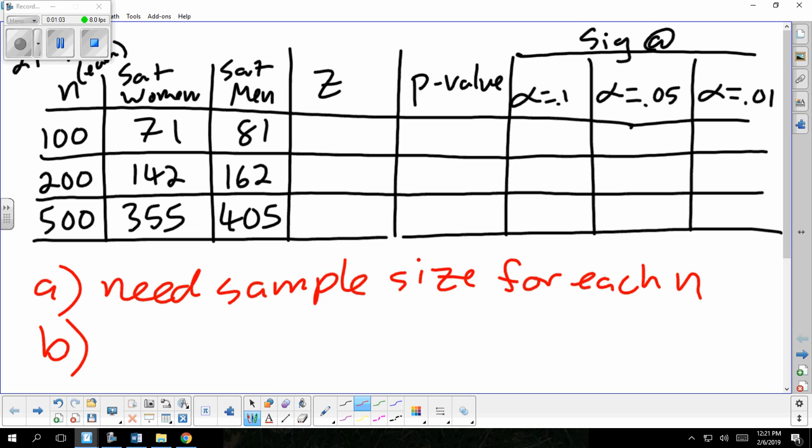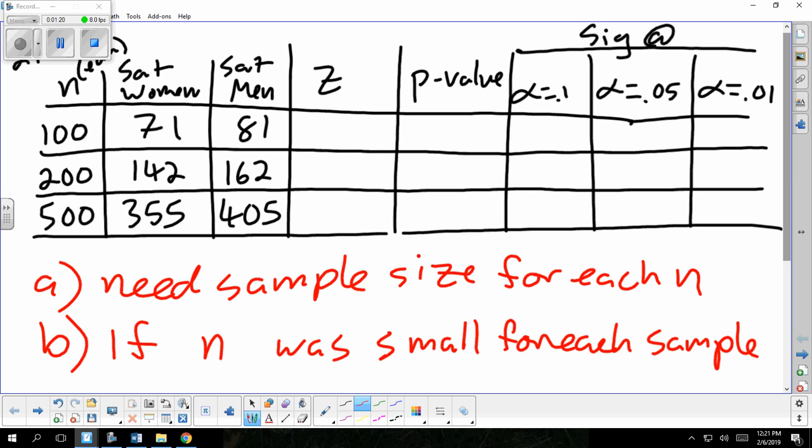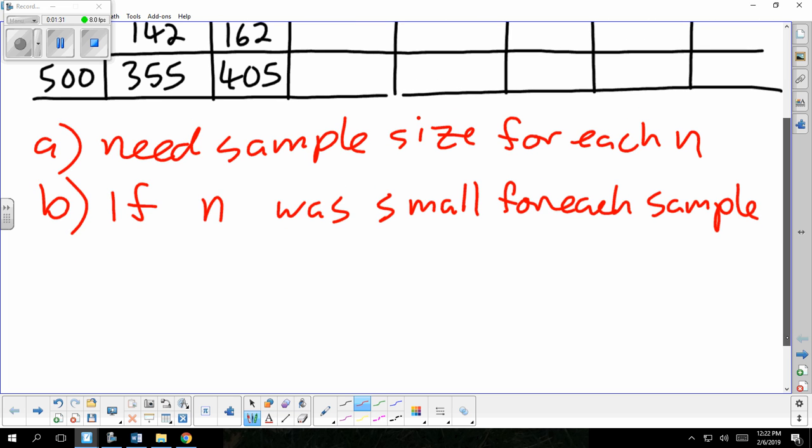So, if n was small for each sample, we wouldn't be able to detect that statistically significant difference between the 71% and 81%. So though 10% seems like a big difference, right? If we had a small sample size, we wouldn't be able to find statistical significance. We'd have that p-value that's a little bit too large.